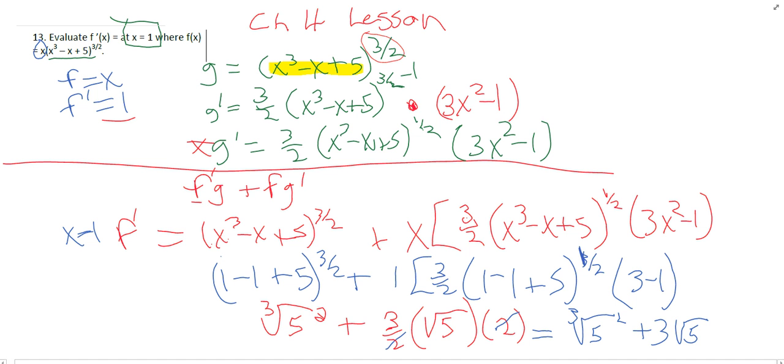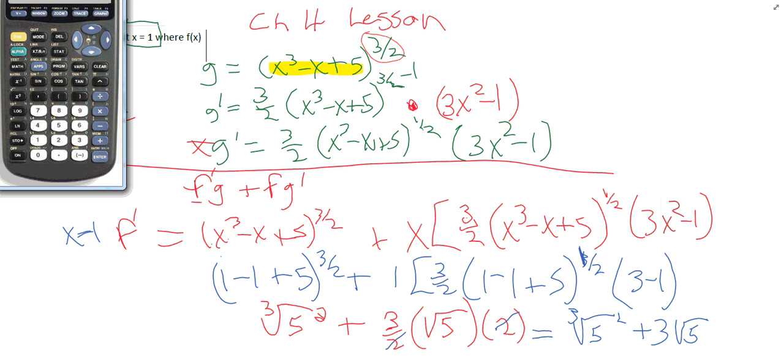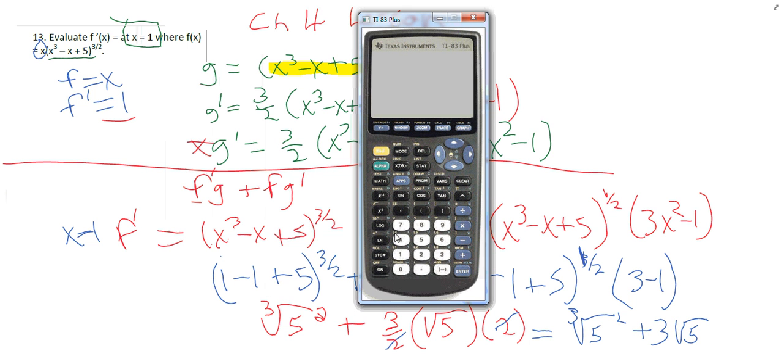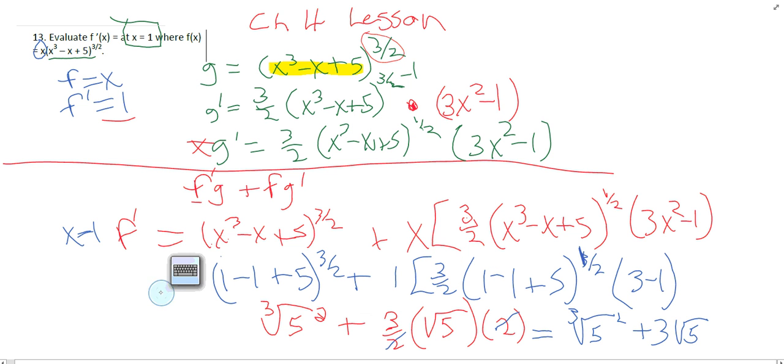And if you need to evaluate that and find a decimal answer, let's see if we can do that. Let's see, we have 5 raised to the... I sure did make a mistake, didn't I? It's to the 3/2 power, so let me correct that real quick. Whoops.